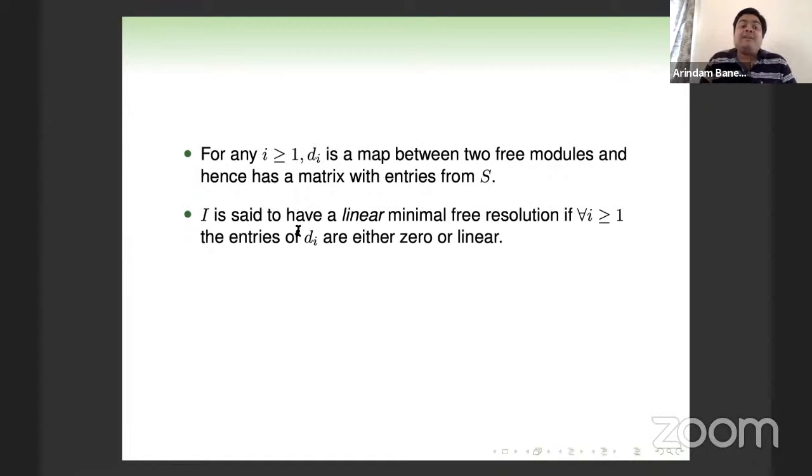Now, this linear minimal free resolution may appear a somewhat technical condition. It is not very technical, it's very natural in this context, because at least let's concentrate for a moment on the square free monomial case. Instead of monomial, just take the square free monomial case. For every square free monomial ideal, there is another square free monomial ideal which is called its Alexander dual.